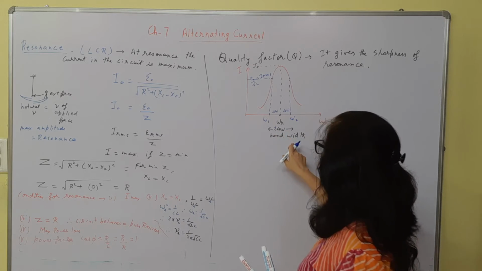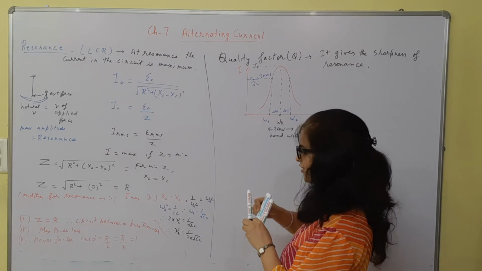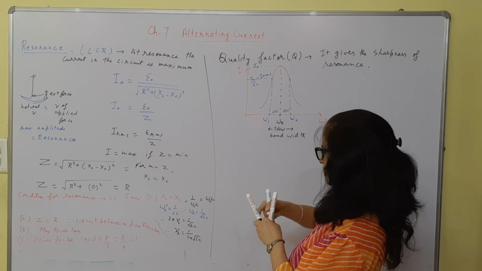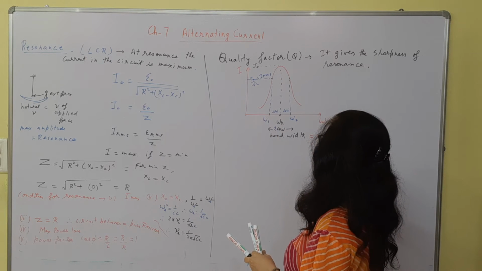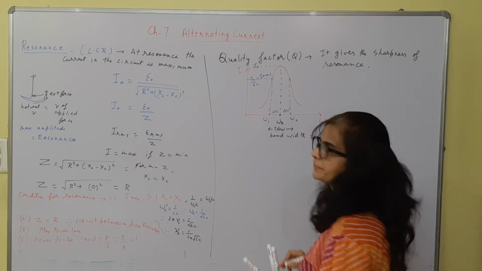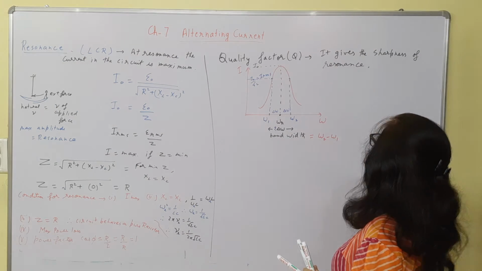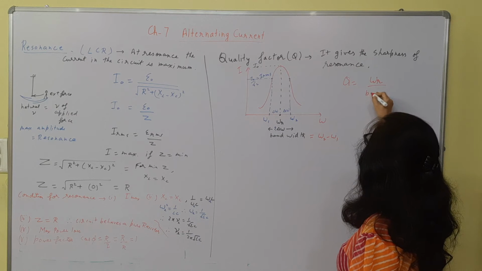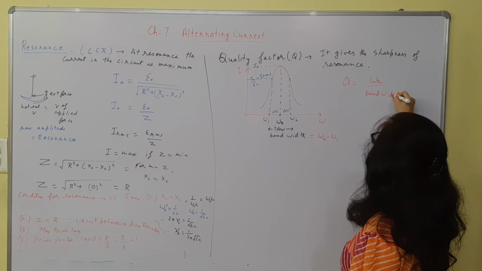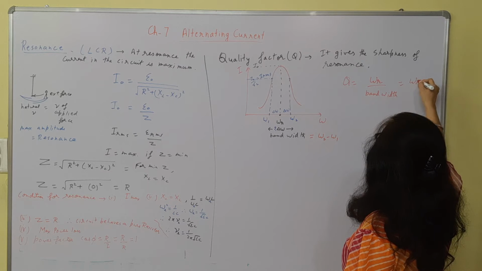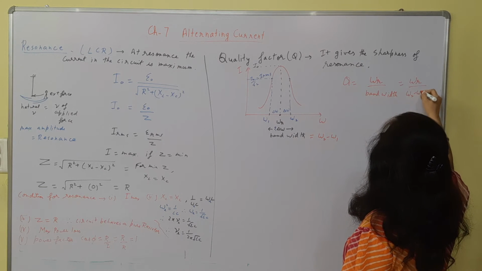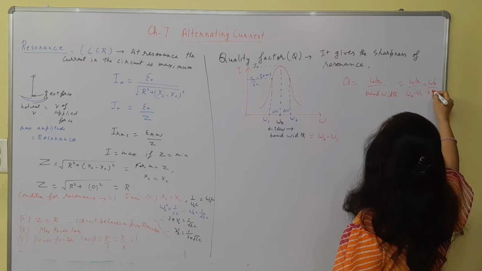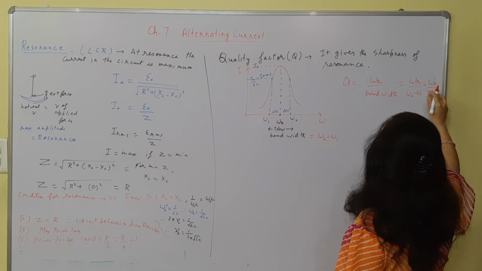So 2 delta omega is the bandwidth, and this can also be written as omega 2 minus omega 1, right? And quality factor is written as resonant frequency upon bandwidth. So this gives me omega R upon omega 2 minus omega 1. This can also be written as omega R upon 2 delta omega, right?